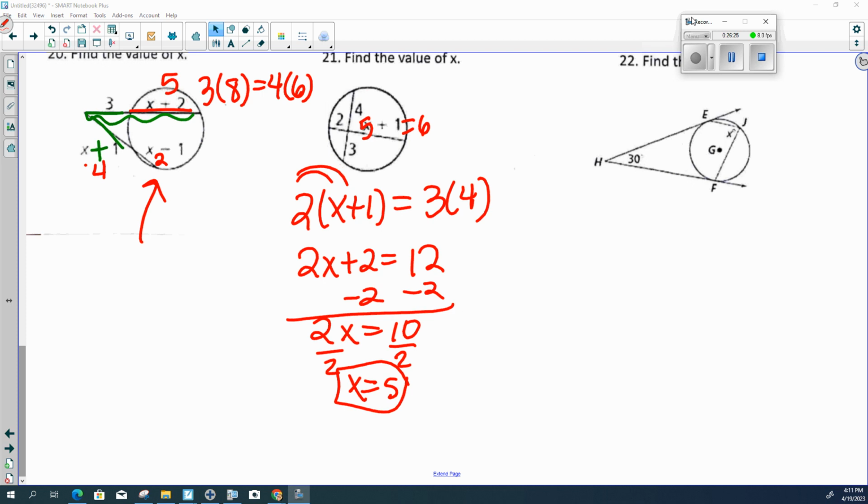The measure of a circumscribed angle is 180 minus the measure of the central angle. Oh, what? Oh, this one. This is a circumscribed angle. Is 180 minus the measure of the central angle.